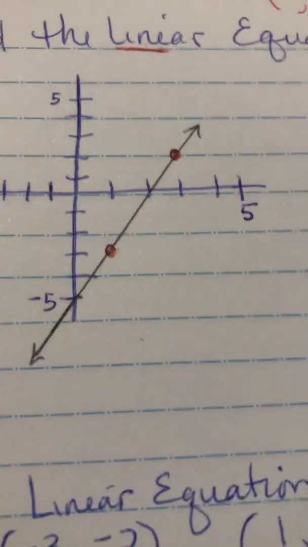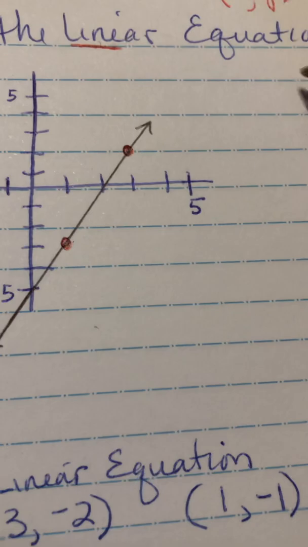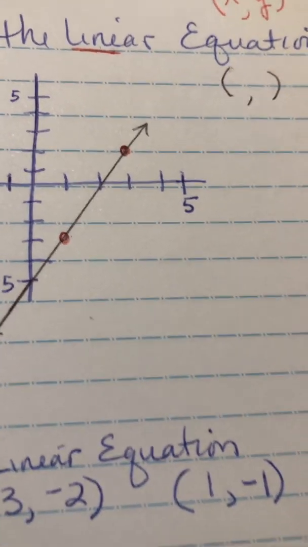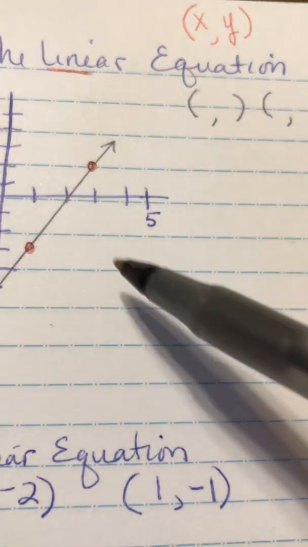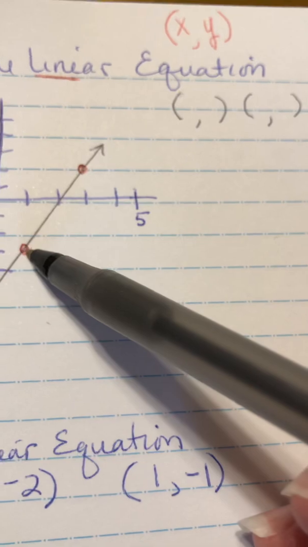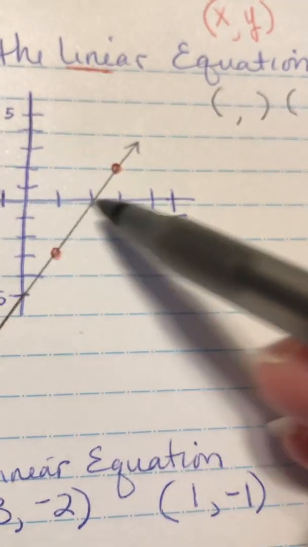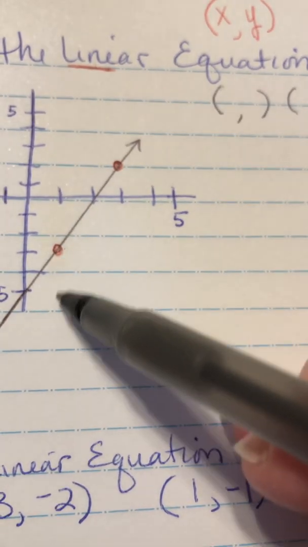So let's go over here to this situation that we started with. Step one was to find the slope. And to find the slope, we need two sets of coordinates. So we are going to find on the line the two sets of coordinates, the address of those that they gave us. Now this one right here, remember you go left to right first, so I would have to go from the 0 over to the 1 because this is lined up.